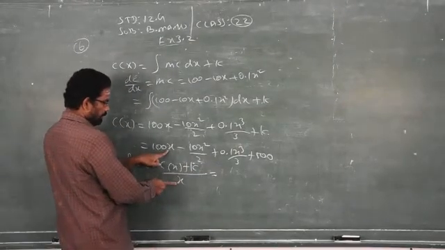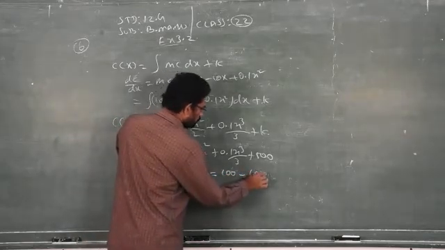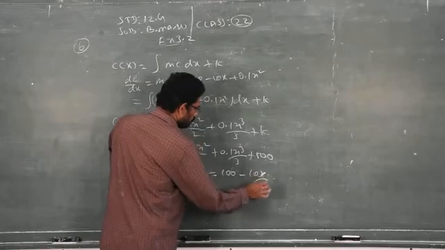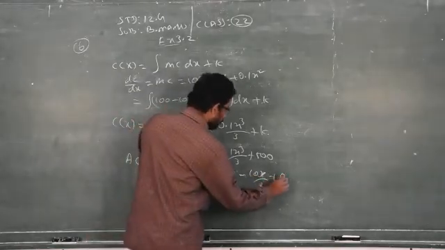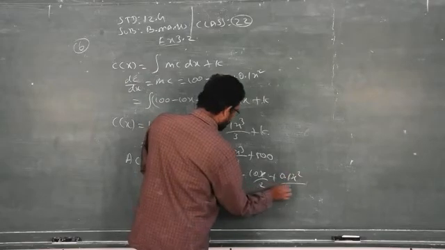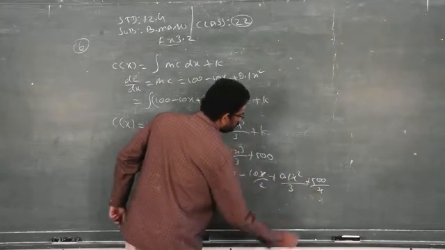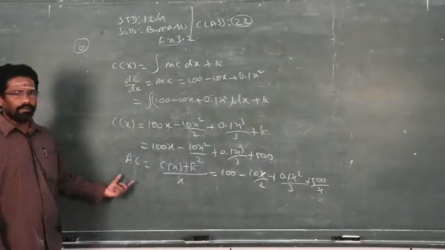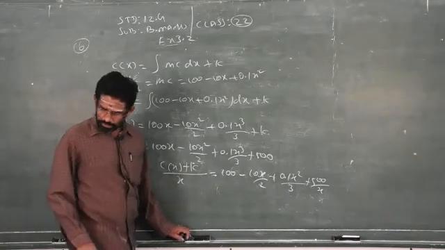When you divide the first term by x, you will get what? 100 minus 10x by 2. This you studied already in 11th standard, how to find average cost, plus 0.1 x square by 3 plus 500 by x. So this is the formula to find average cost, AC.